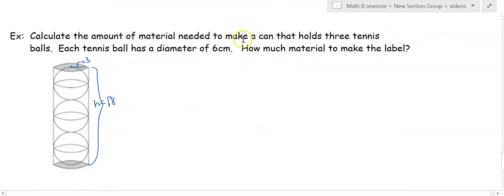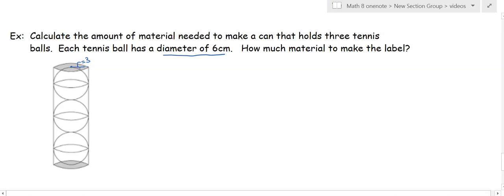The last question I wanted to talk about is, if you have a can and you're putting a whole bunch of, let's say, tennis balls in there, and you know the diameter of each tennis ball is 6, or in other words, the radius is 3, how much material do you need to make the label or the entire can or something like that?